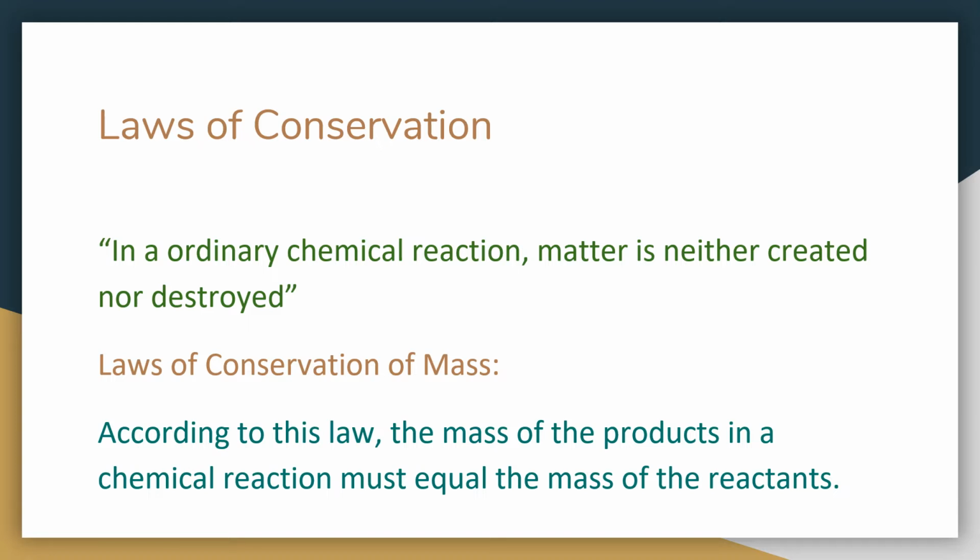According to the law of conservation of mass, the mass of the products in a chemical reaction must equal the mass of the reactants. So again, nothing is really destroyed, it's just rearranged. You'll see what that means when we balance equations. The numbers of the elements still need to be the same on each side to be considered balanced.